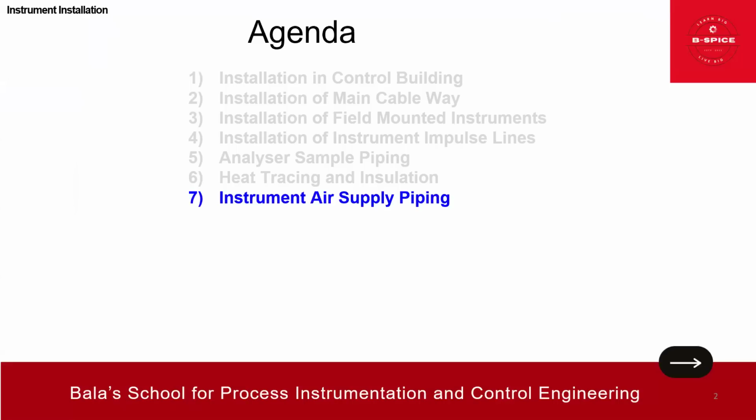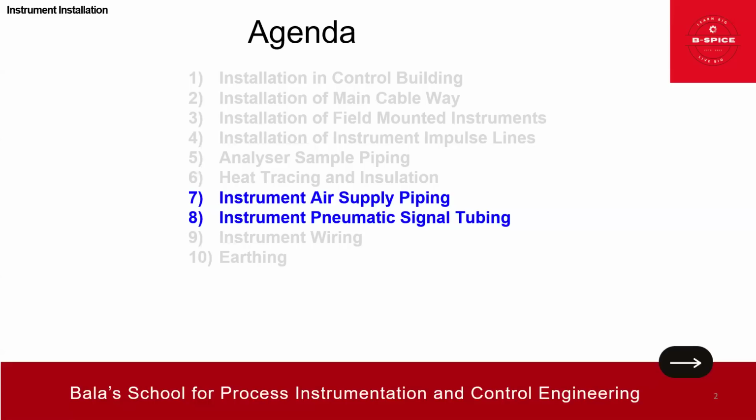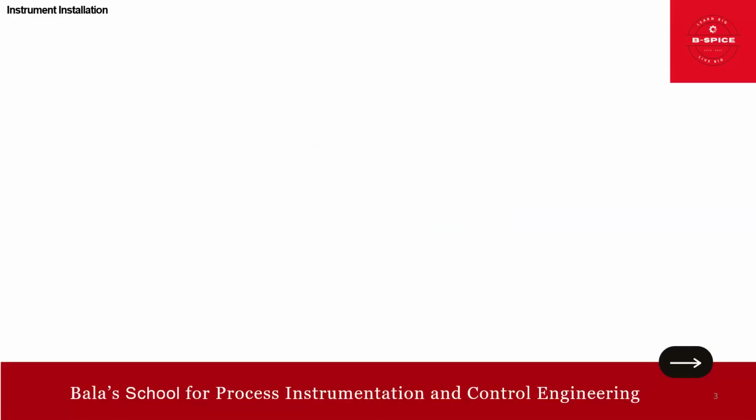And in this section, part 5, we'll focus on instrument air supply piping and of course pneumatic signal tubing. The next session will talk about instrument wiring. Earthing we already covered. So yeah, there will be 6 parts totally. If you're interested, you can watch and benefit. Let's go with this concept now.